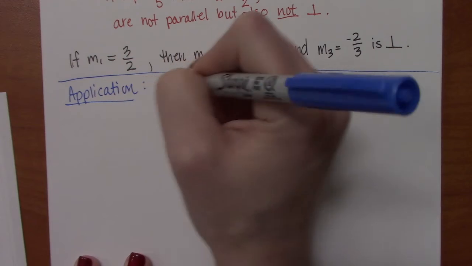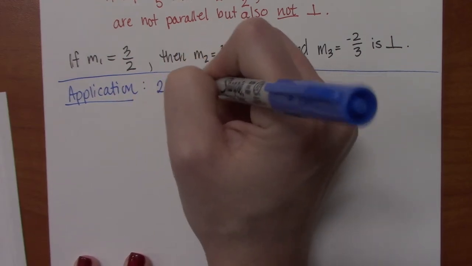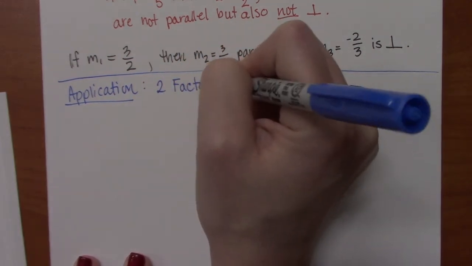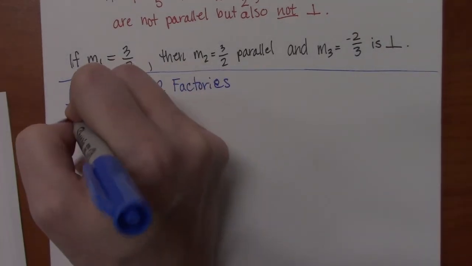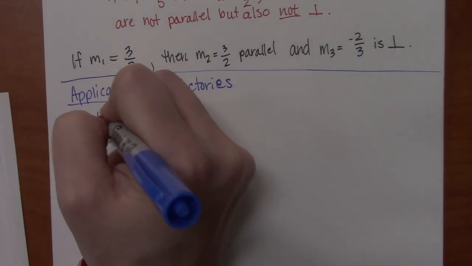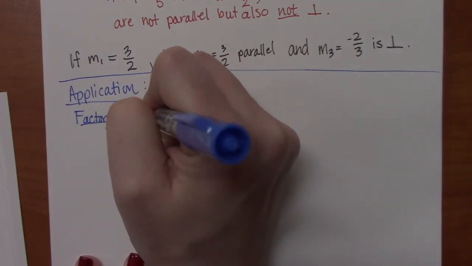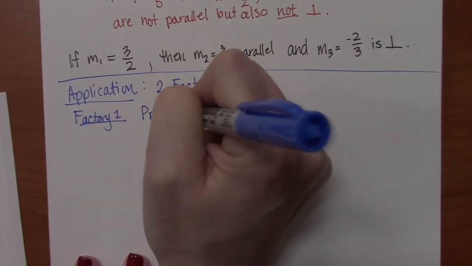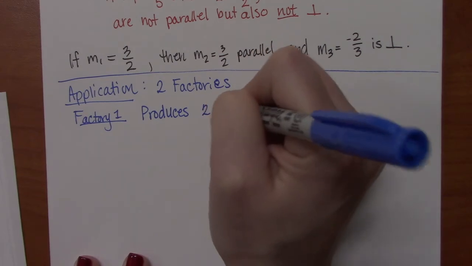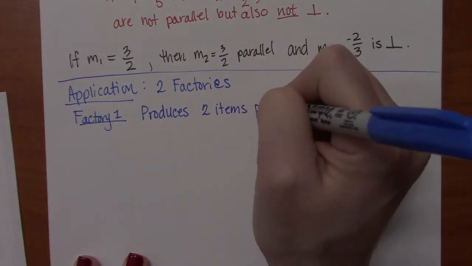All right, so imagine that we have two factories, okay? And factory 1 produces 2 items per hour.